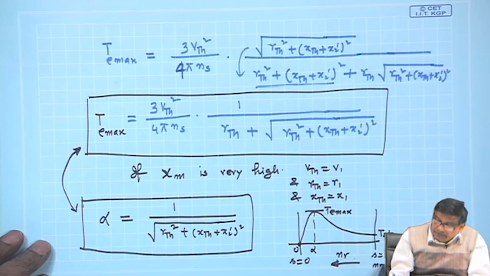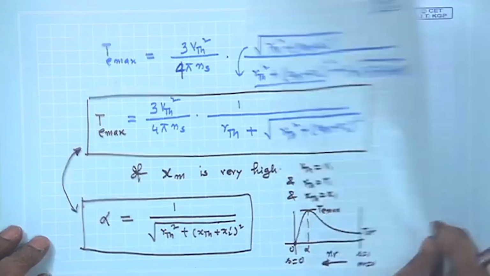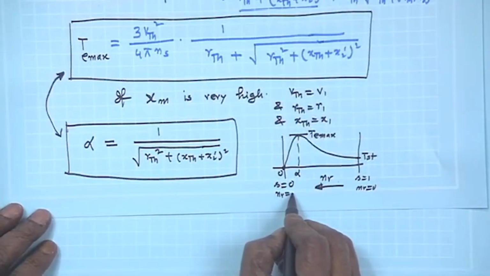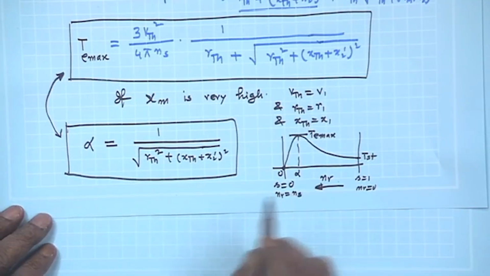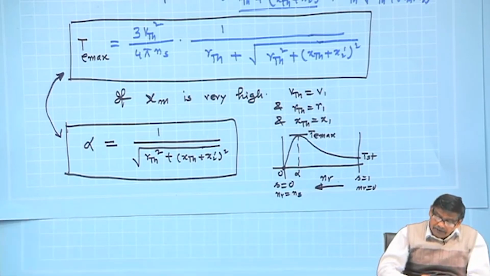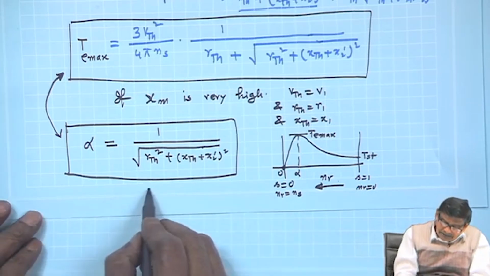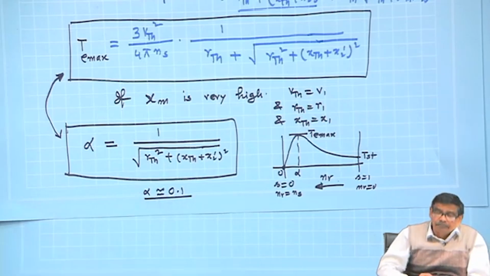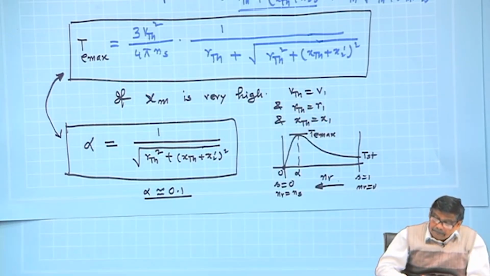This is n r equal to 0 and this is n r equal to n s. So, for a well designed machine, alpha is of the order of 0.1 or so, and this is the torque slip characteristics.